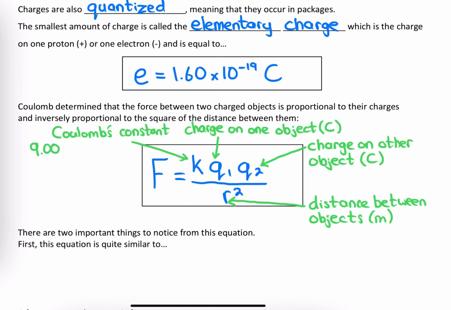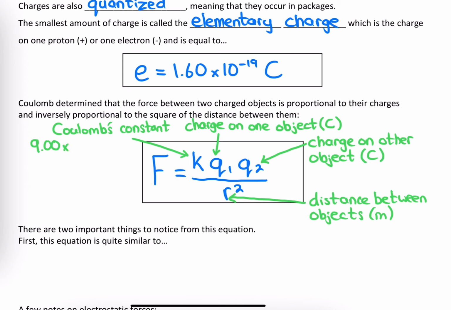This is an easy one to remember, I find. 9 times 10 to the 9. And we can isolate K in this equation, move everything to the other side, figure out what the units of K would be, and we get Newton meters squared per Coulomb squared. And there are other ways we can write these units as well.